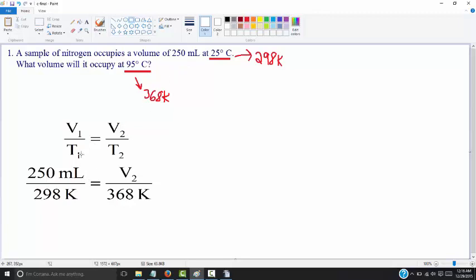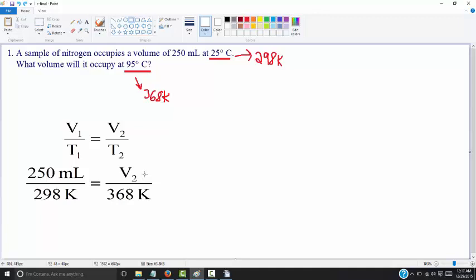Initial temperature is not 25 degrees Celsius, but 298 Kelvin. You have to use Kelvin, otherwise these equations don't work. V2 is what we're solving for, divided by the final temperature, not 95 degrees Celsius, but 368 Kelvin. So now you just rearrange this and solve for volume 2.